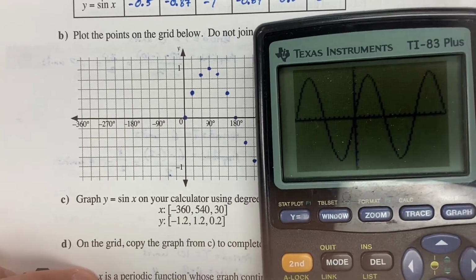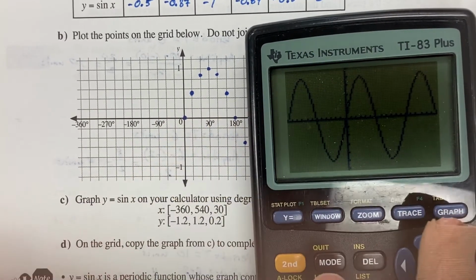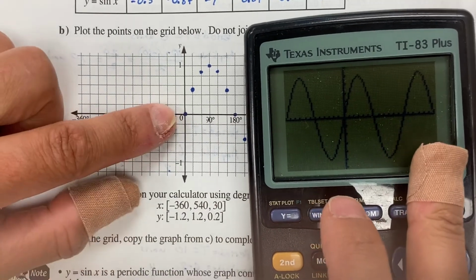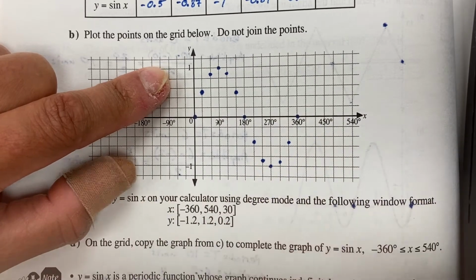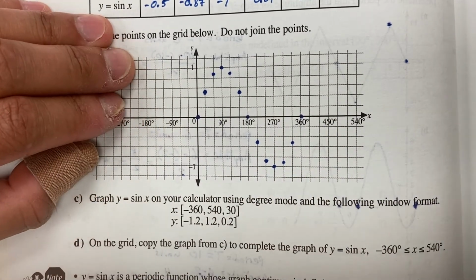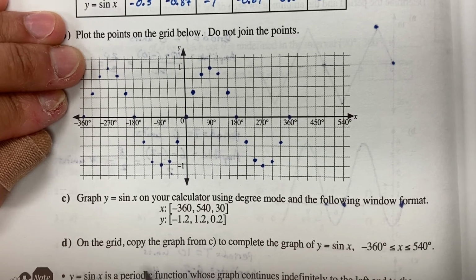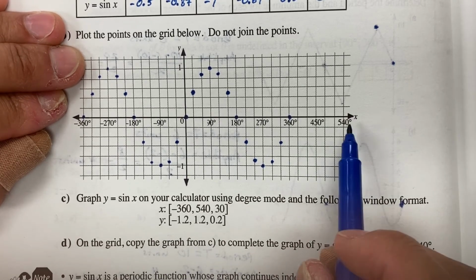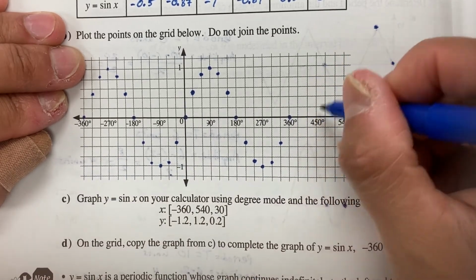So on the grid, we want to copy this graph onto our graph over here. Just notice that it's a periodic function, so another thing we can do is just mirror what we see on this side over here. Now this is what our graph is going to look like after copying, extending from positive 540 to negative 360, and actually I should include these points over here as well.